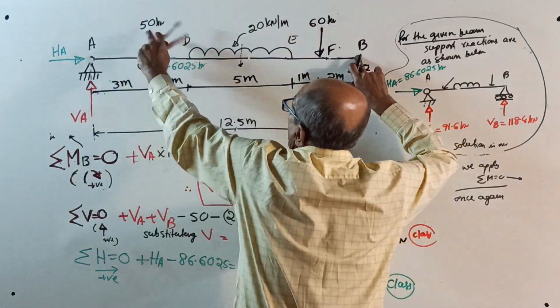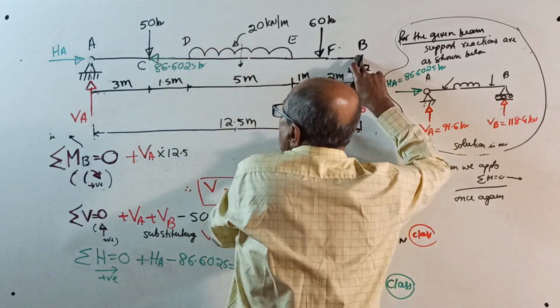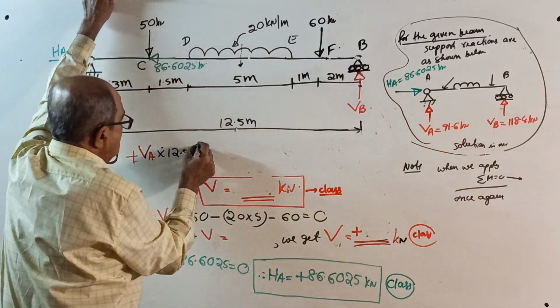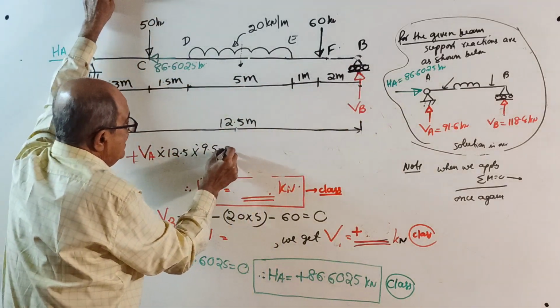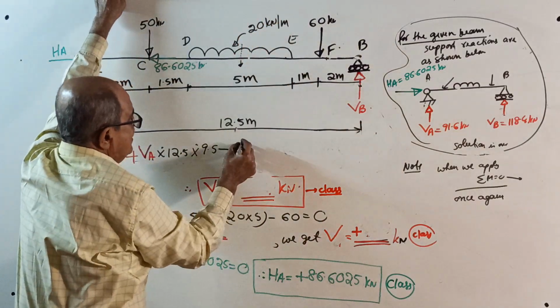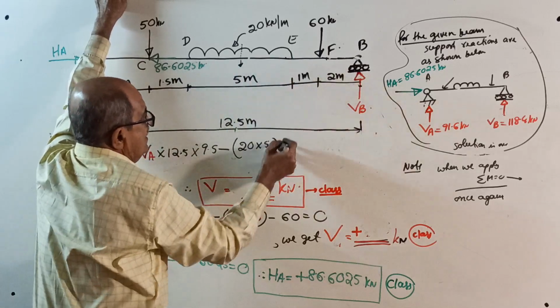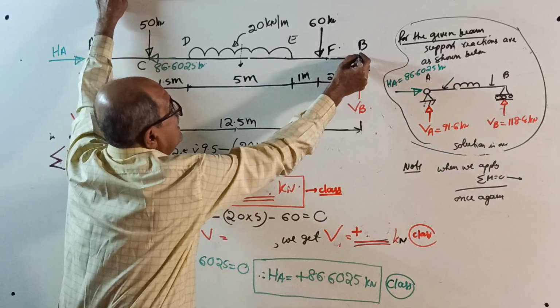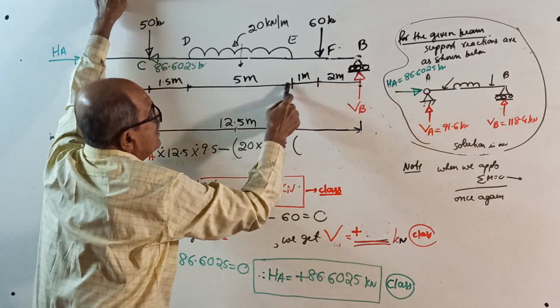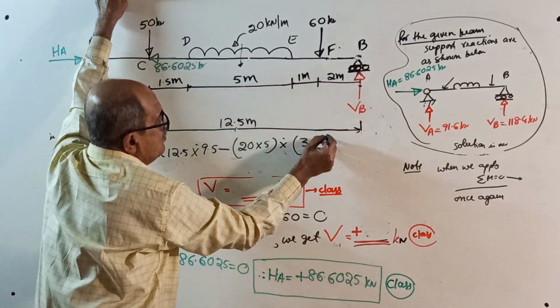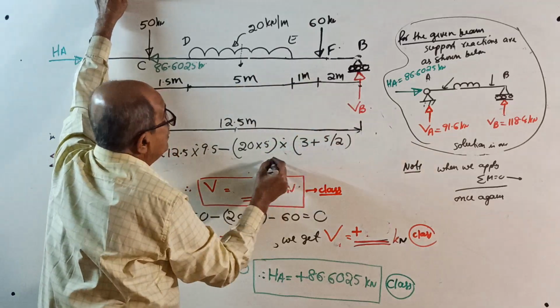Then minus, anti-clockwise, 50 into, from 12.5 subtract 3, 50 into 9.5. Again minus 20 into 5, which is the total load, into moment about B: 2 plus 1, 3, plus another half of 5, 5 by 2.